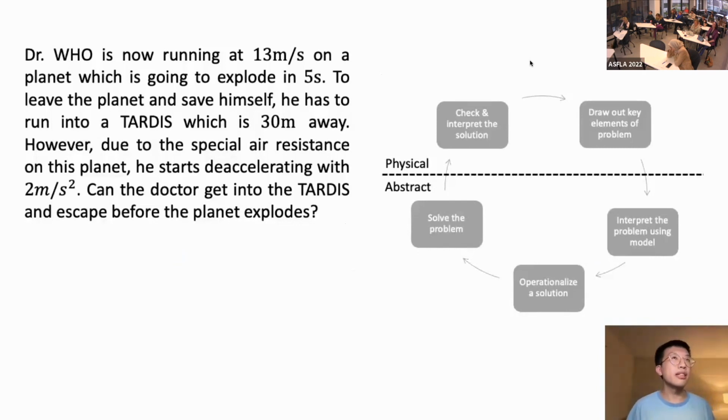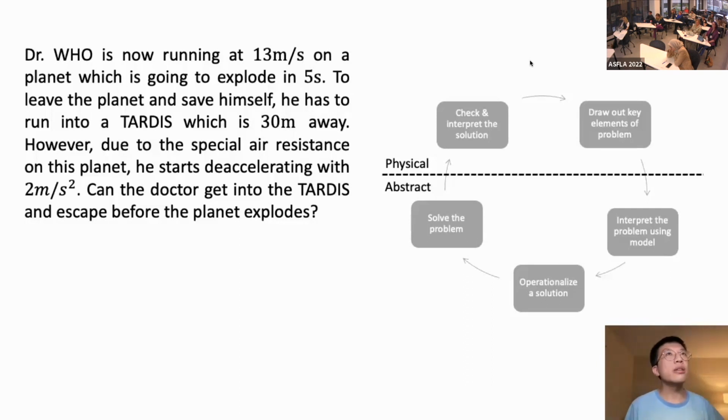Doctor Who is running on a planet with certain speed, and the planet is going to explode in 5 seconds. So basically, he has to run into his own TARDIS, which can bring him away from the planet. And that TARDIS is 330 meters away from him.